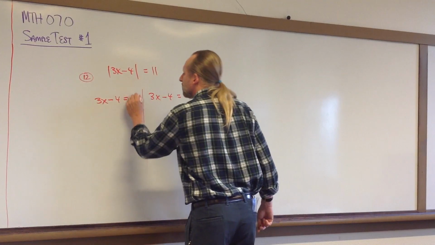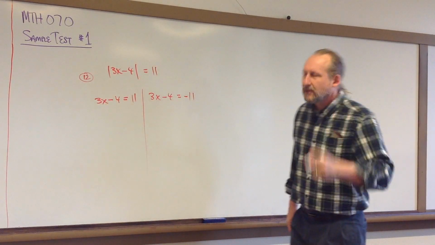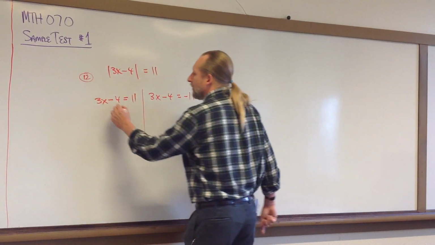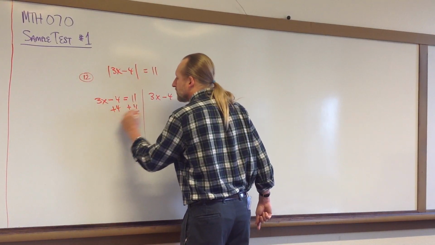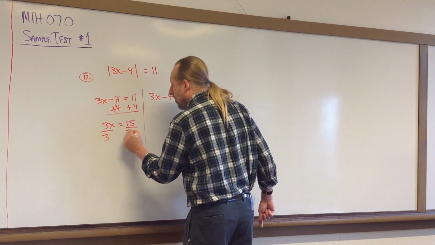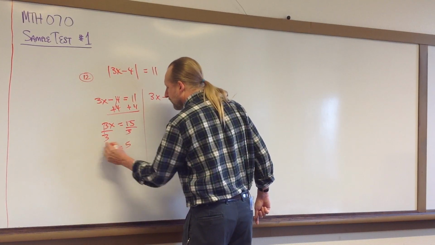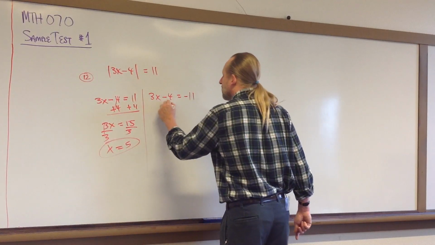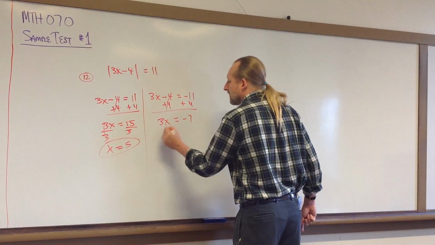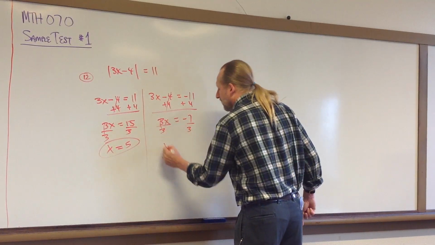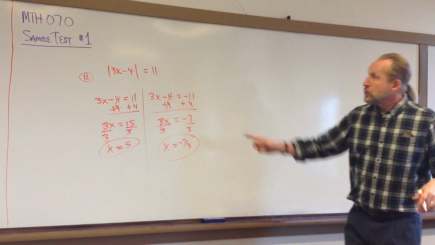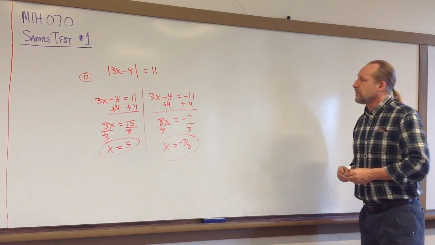Equals 11. +11, -11. Okay. All right, so now we just have to solve these 2 equations. So add 4 to both sides. 3x equals 15. And x equals 5. Over here, add 4 to both sides. 3x is -7. And so x could be -7/3. So there's 2 answers to the absolute value problem.